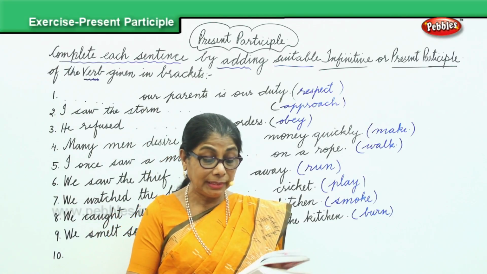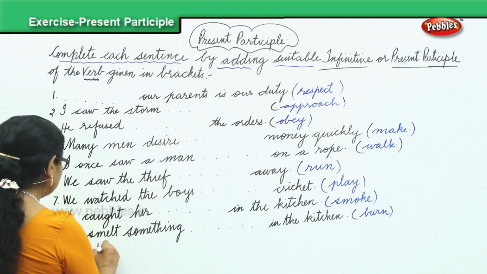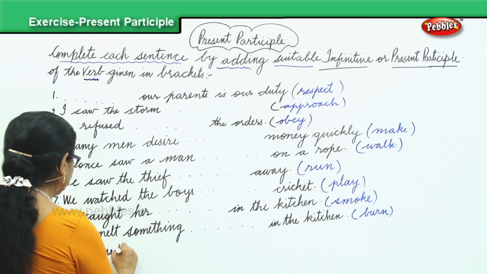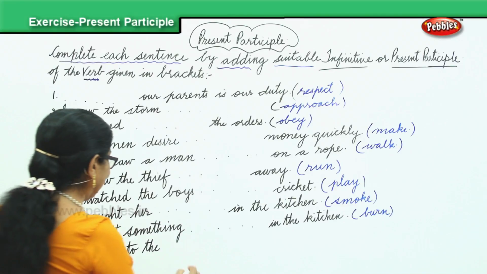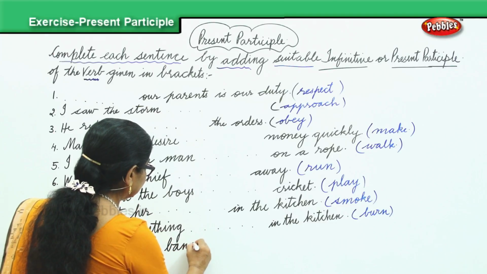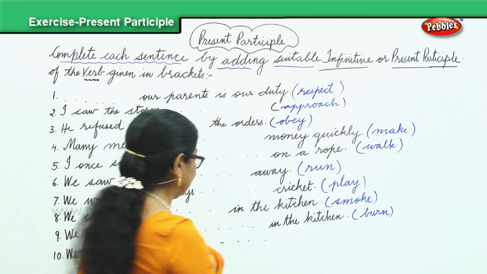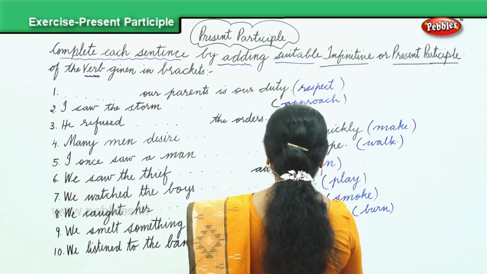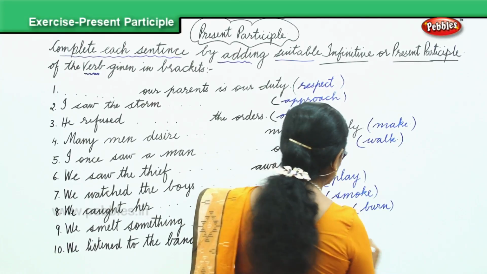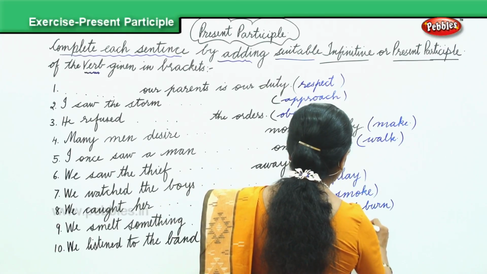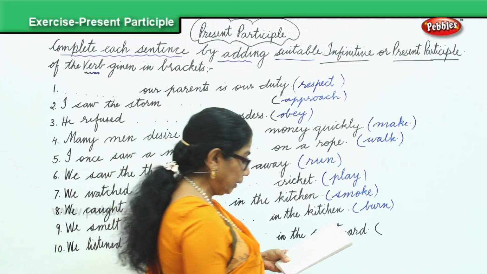The 10th one: We listened to the band, in the courtyard. And the verb given is play.